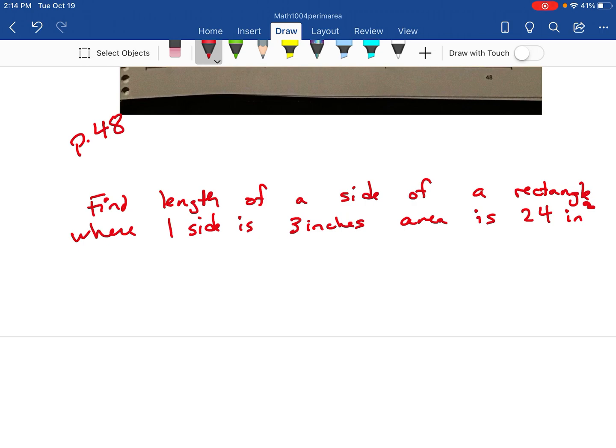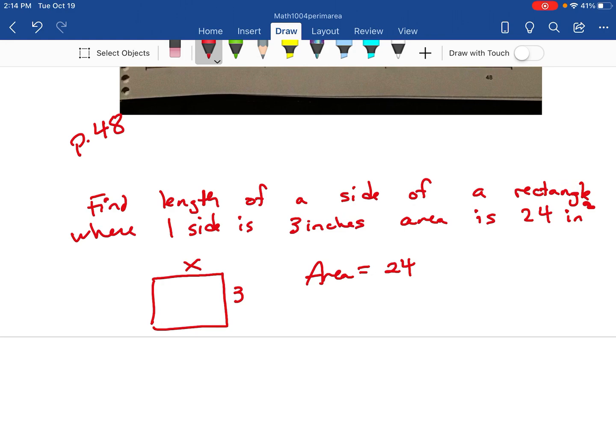Okay, so this is the kind of question, it's the same question, but it's kind of backwards. All right, so if I had a rectangle and I know one of the sides is 3 inches, find the length of the other side if the area is 24.